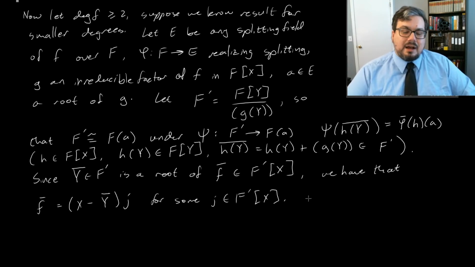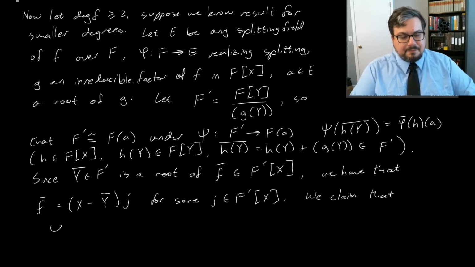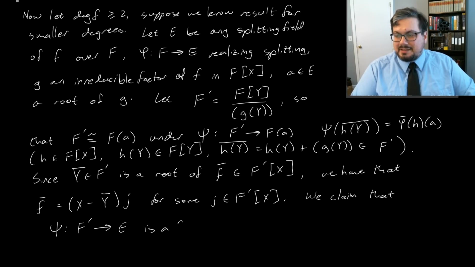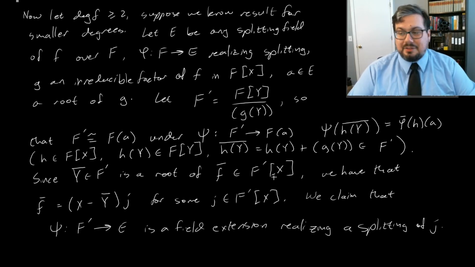Now, we claim that psi bar from F prime adjoin x to E adjoin x is a field extension realizing a splitting of j. So let's see how that goes.